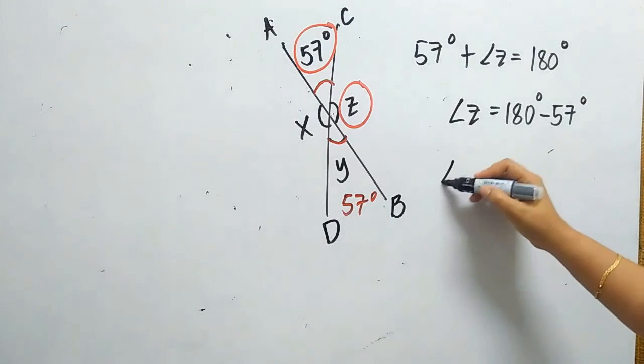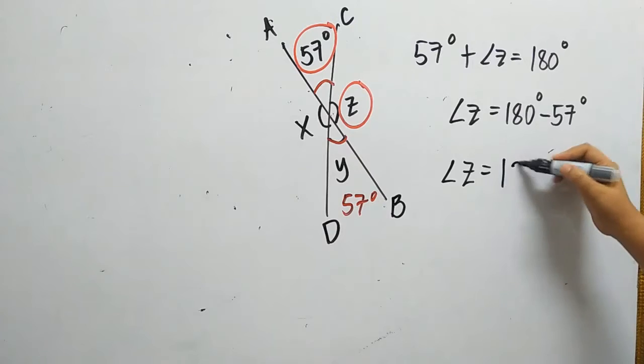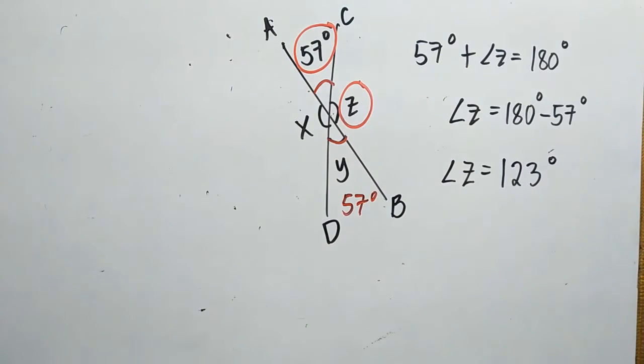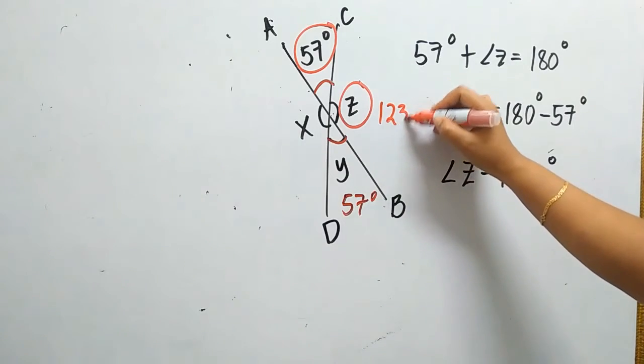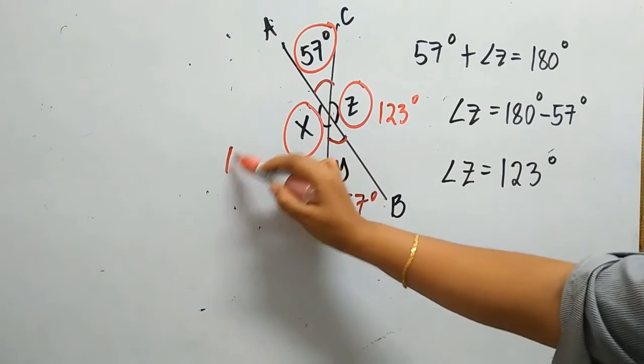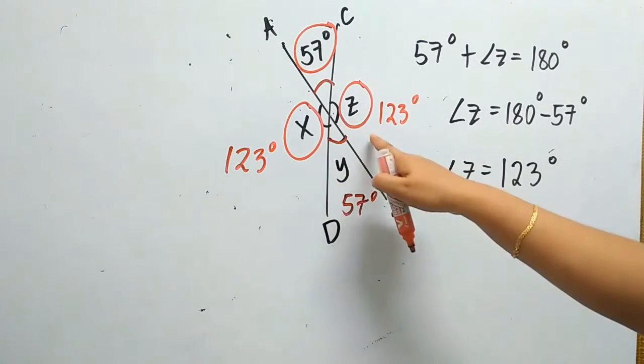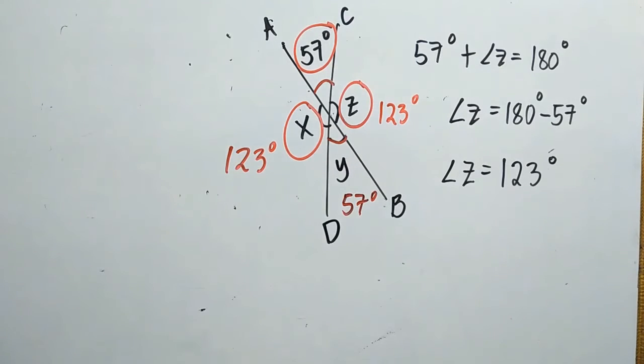So, angle Z will be equal to 123 degrees. That's right, 123 degrees. How about angle X? How are we going to find angle X? Very good, 123 degrees also, because angle X and angle Z are vertically opposite angles.